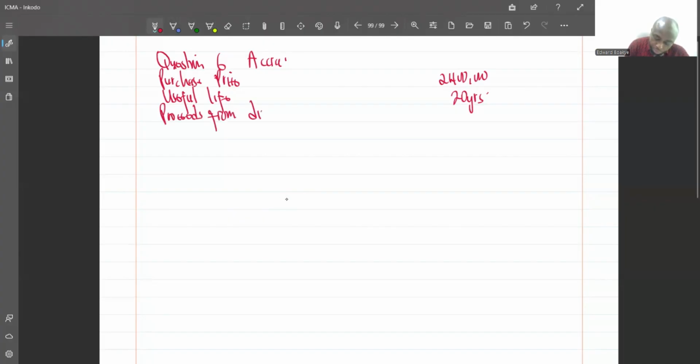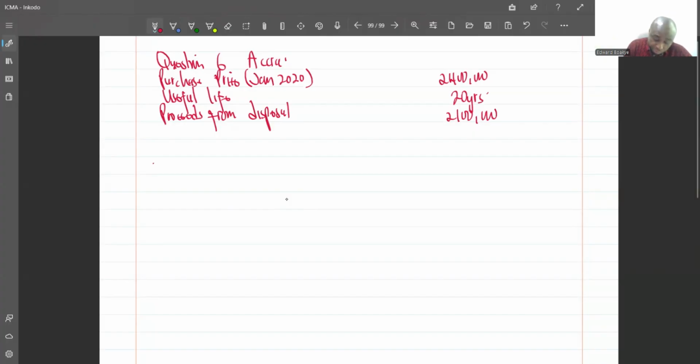Proceeds from disposal is 2.1. And we need the carrying amount as at 2022. This purchase was done in January 2020, and we need the carrying amount as at 2022. So what then do we do?